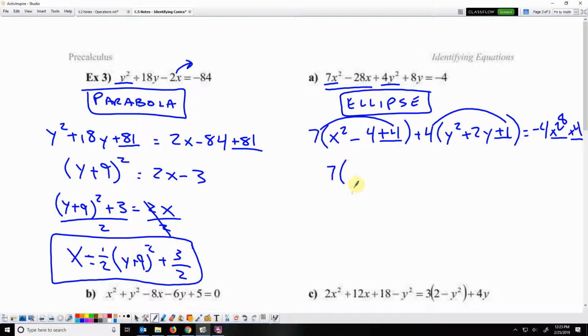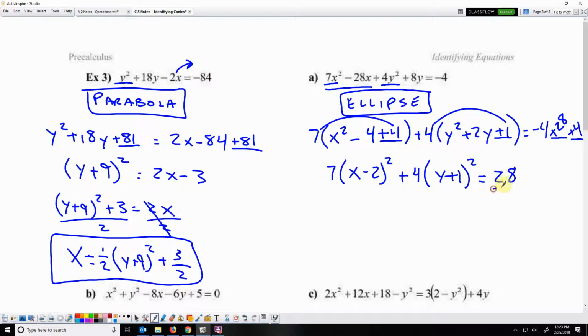So 7 times, now the factored form, x, and then half of b is negative 2, squared, plus 4 times, half of b here is 1, y plus 1 squared, equals, negative 4 and positive 4 cancel, so I'm left with 28.